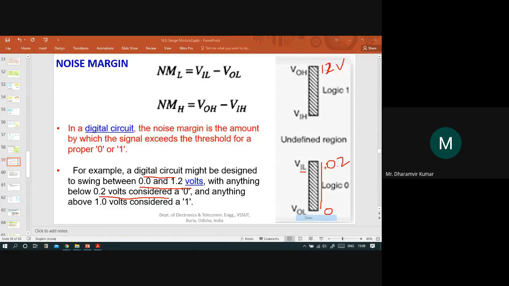And anything above 1 voltage is considered a 1, taken as a logic 1 value.